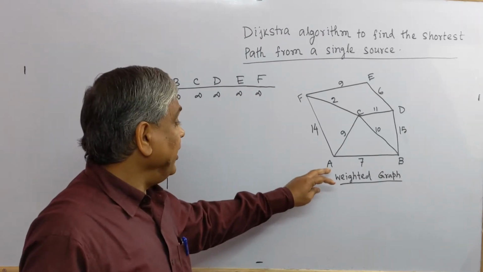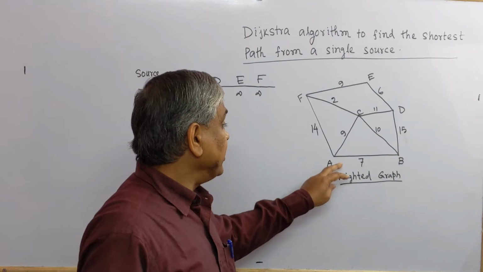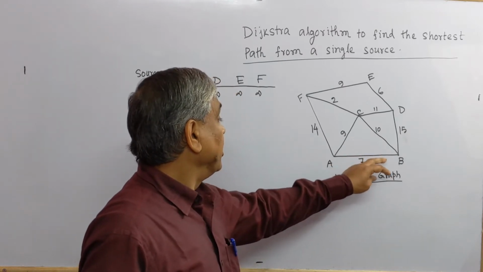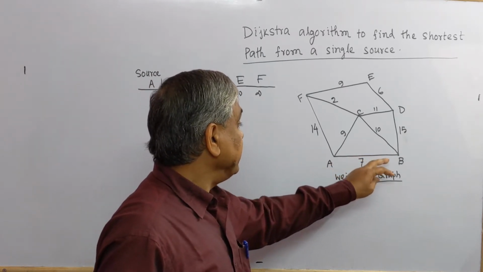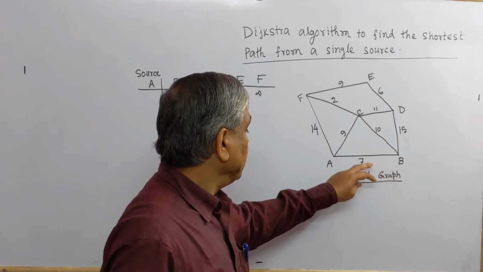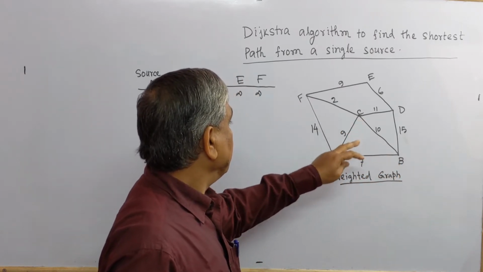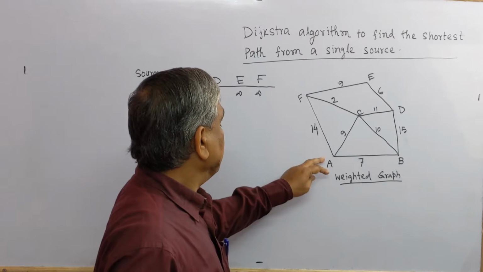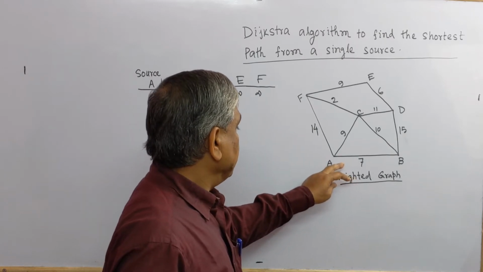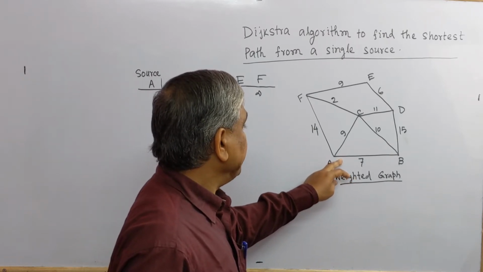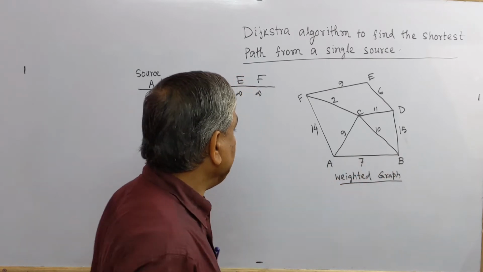Now we find the vertices adjacent to A. The vertices adjacent to A are B, C, and F. The shortest distance between A and B be 7.